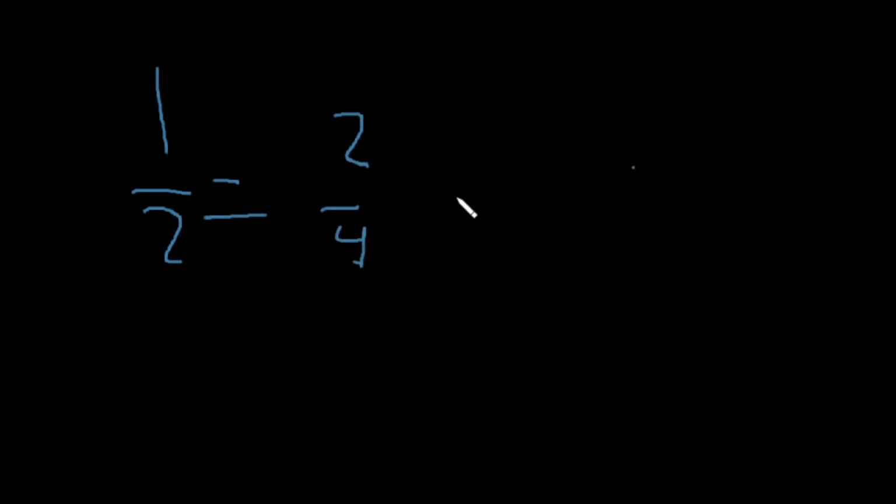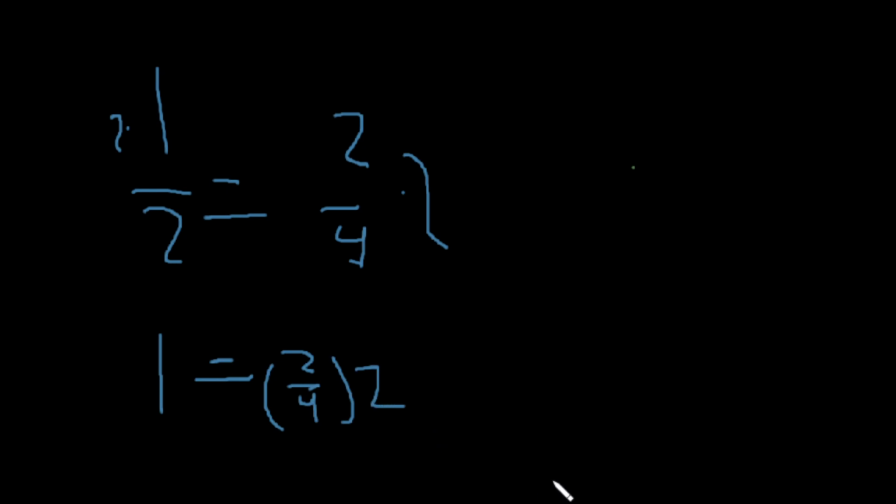Well, what if I decided to see what makes... Let me show you something. I multiply 2 here and 2 here, and that equals 1, and then now it's 2/4 times 2/2, and that also equals 2 times 2, 4 over 4 equals 1.